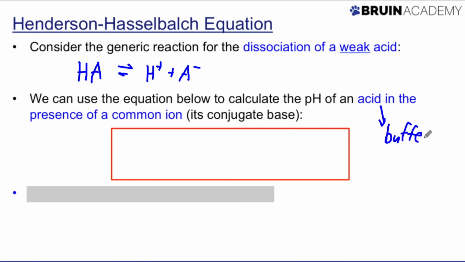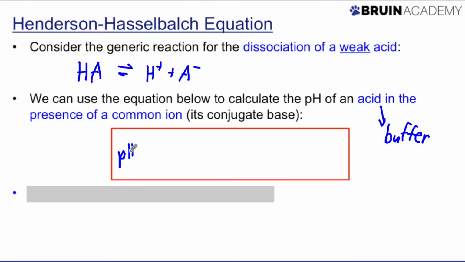So a question that always comes up is, how do you know when to use the Henderson-Hasselbalch equation? You use it if you're asked about a buffer. If you see the word buffer in the question, that's a dead giveaway that you're going to use the Henderson-Hasselbalch equation. What it looks like is the following, right?